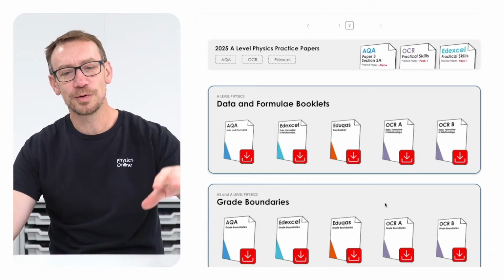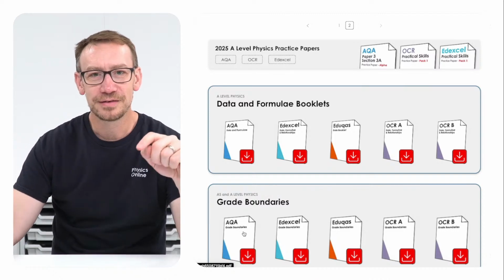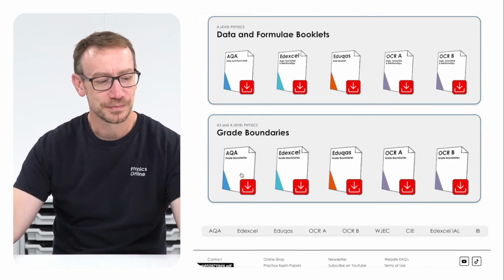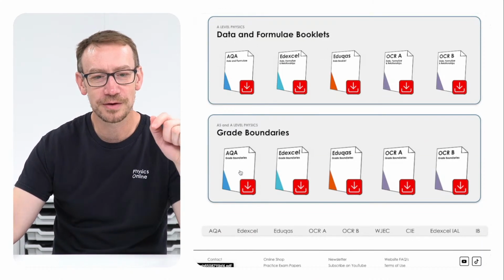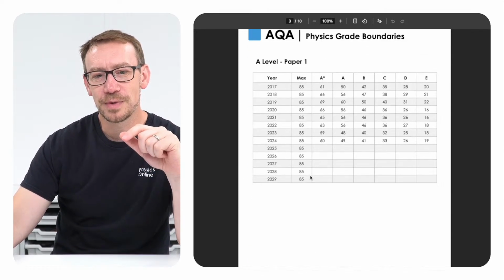One of the other good things I've done this year is I've got the grade boundaries in one place. Here at the bottom of the page, you can see it says grade boundaries. If you click on AQA, for example, this has all of the AQA grade boundaries in one place.